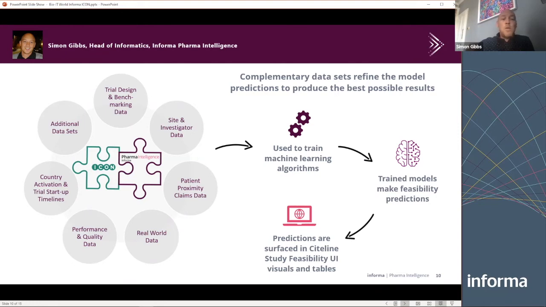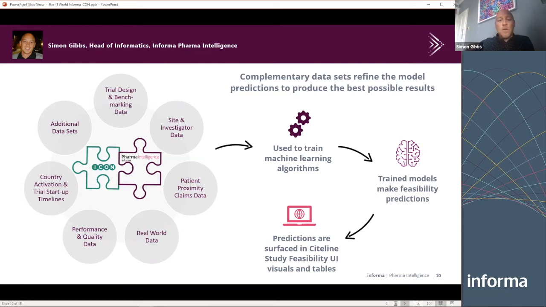Then using those engineered features, we look to build out and experiment looking at individual features, but also combinations of different features, to understand the impact of those different data drivers on the predictive outputs being generated by the model.